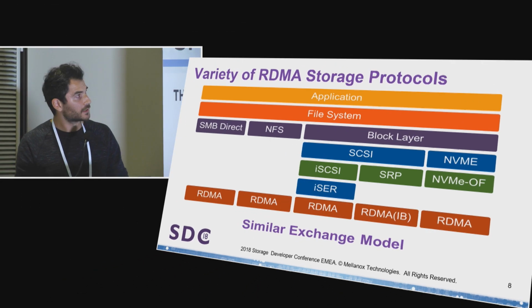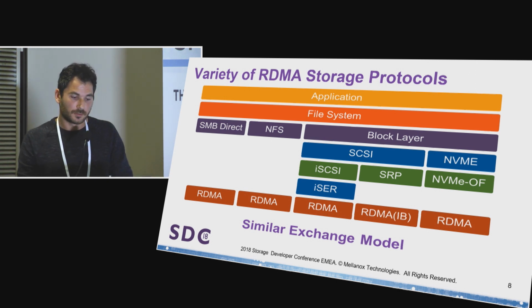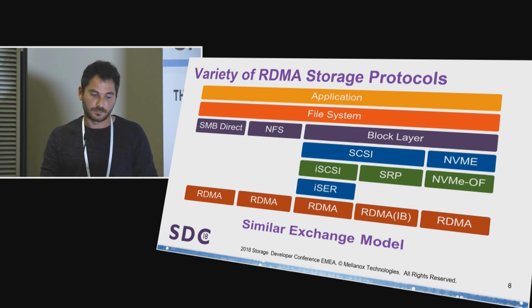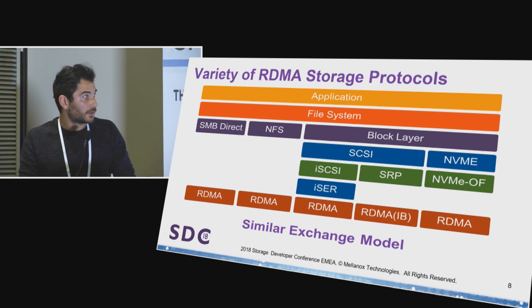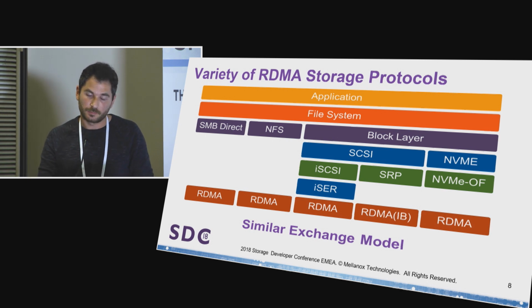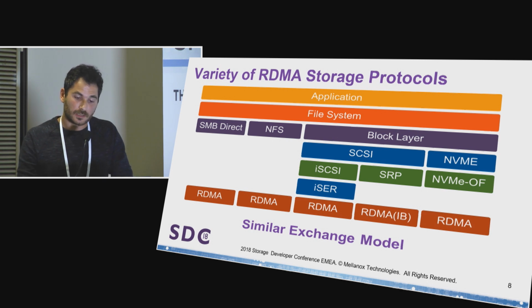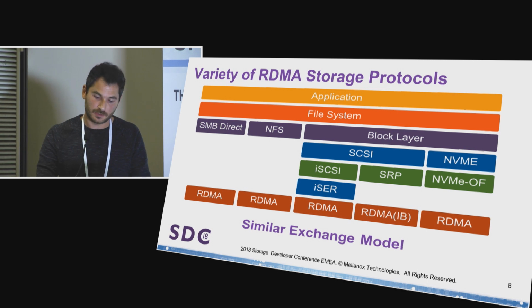So here I summarized some of the applications and the protocols that are using RDMA. In the file system world, we have SMB Direct and NFS over RDMA that are showing very good performance. In the block storage, we have iSER and SRP that are based on the SCSI protocol. And of course, we have NVMe over Fabrics that is using RDMA also.